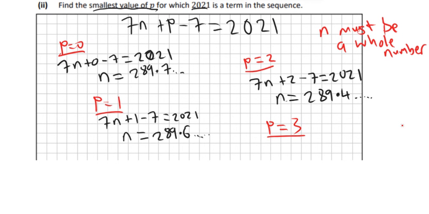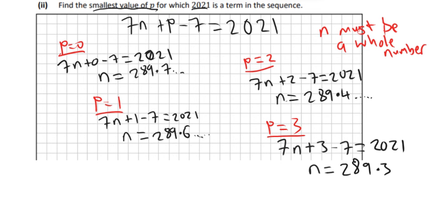p equals 3 then, so we get 7n plus 3 minus 7 equals 2021. So bring across the minus 7, becomes plus 7, bring across the 3, becomes minus 3, and then divide by 7. And we get 289.3.